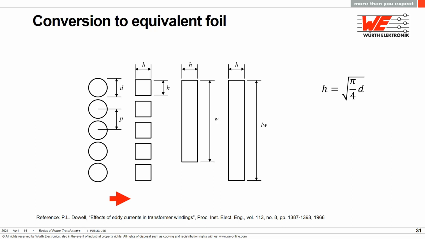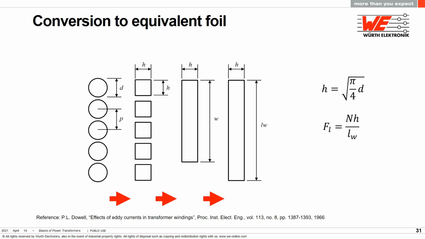After determining portions, we need to reduce the windings to the equivalent foil layers. Starting with round wire, we convert it into square wire of the same cross-sectional area. The next step is to combine the squares into one equivalent foil. This reduces the winding length, so we need to stretch it, but by doing so with the same thickness, increases the area and reduces the resistance.